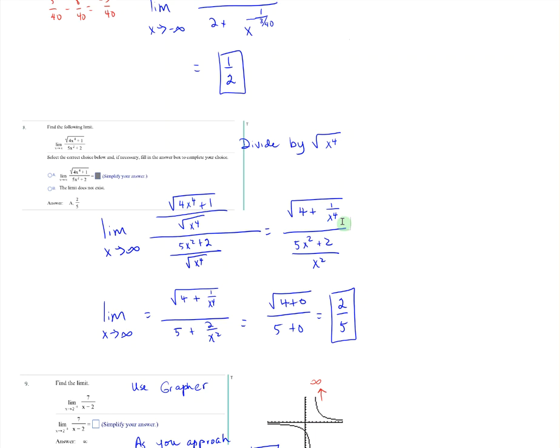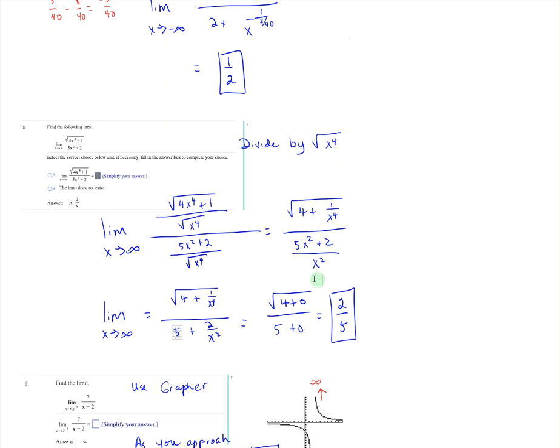Because it's under the radical. And this becomes just x squared, and you have 5x squared plus 2 over x squared. So now we can write this like this, the 5x squared plus 2 over x squared. If we break those into two pieces, that becomes 5.